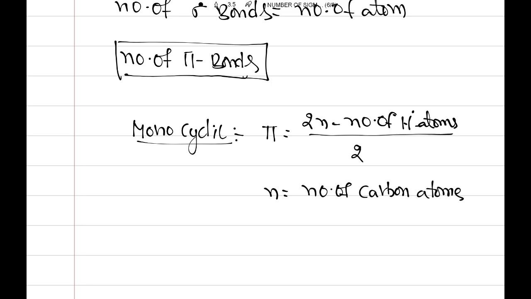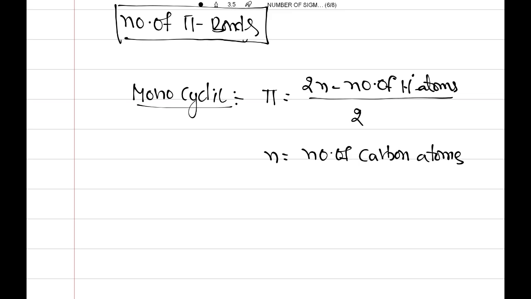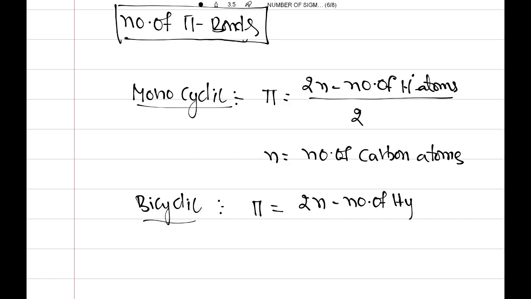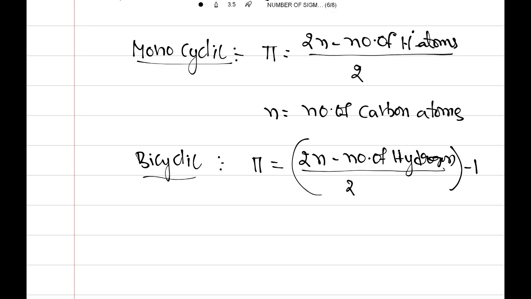In the case of a bicyclic compound, the number of pi bonds is equal to (2n minus the number of hydrogen atoms) divided by 2, minus 1. This is the number of pi bonds in a bicyclic compound.